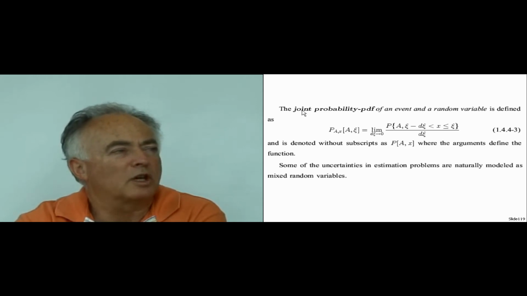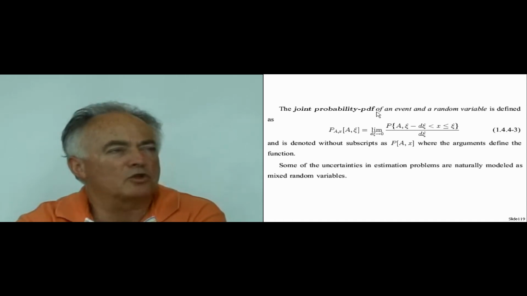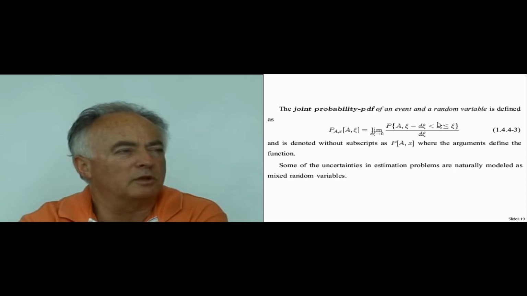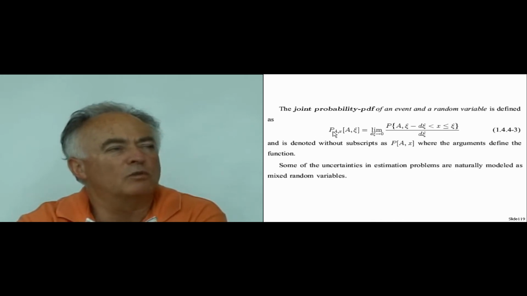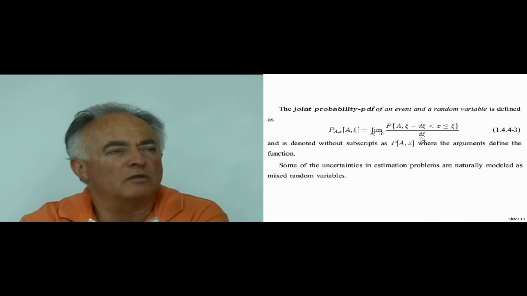And in this case, we can define the joint probability density function of an event and a random variable as, and now using the full notation, cap p sub ax, arguments are a and psi being the value, will be the limit of the probability of the joint event that event A occurs, and the random variable psi is in this interval psi minus d psi to psi, and the whole thing divided by d psi.